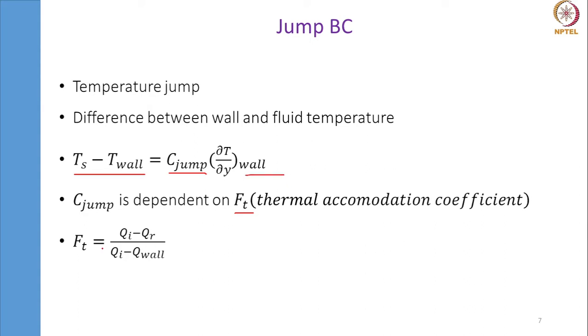The thermal accommodation coefficient is given as Q incident minus Q reflected by energy incident by energy of the wall. From this definition, we are going to find the thermal accommodation coefficient, and from it we are going to find the jump.